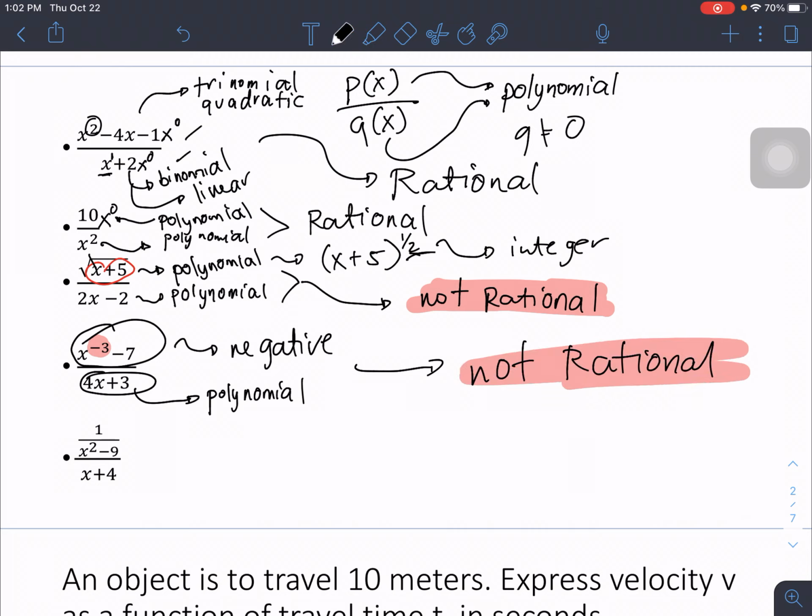Lastly, so we have here 1 over x squared minus 9, all over x plus 4. So before we assess each numerator and denominator, I would like to express this one in a simpler form. So this is a complex fraction, so I would like it to be less complex, wherein all terms will be designated on its specific position.